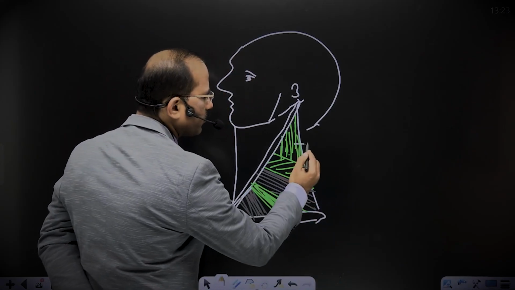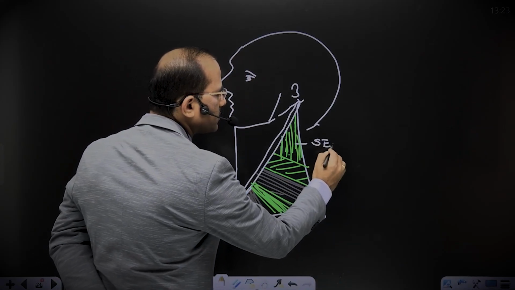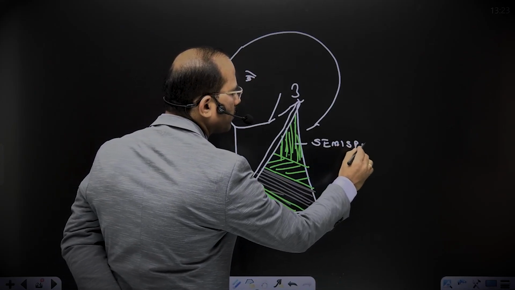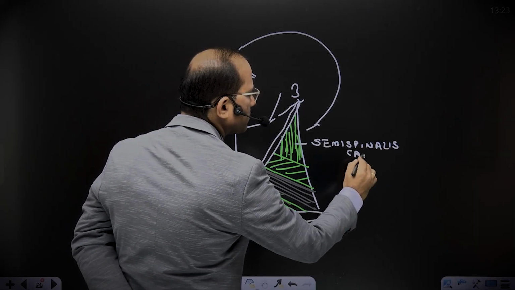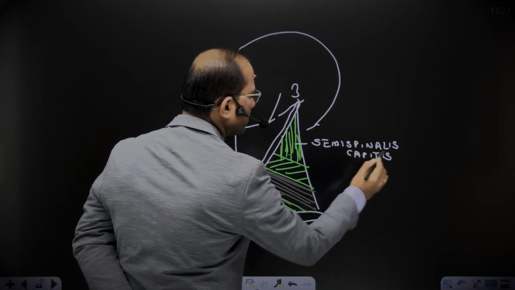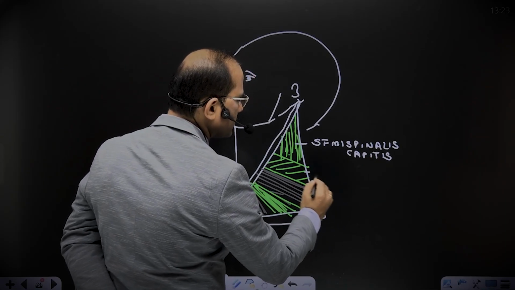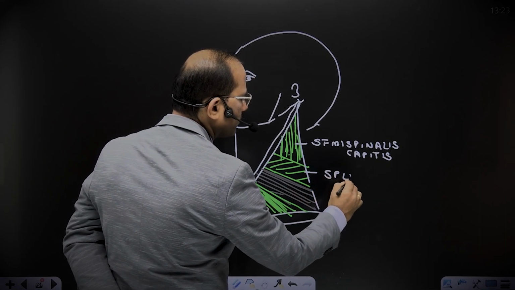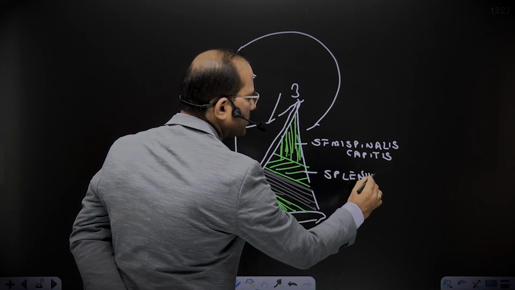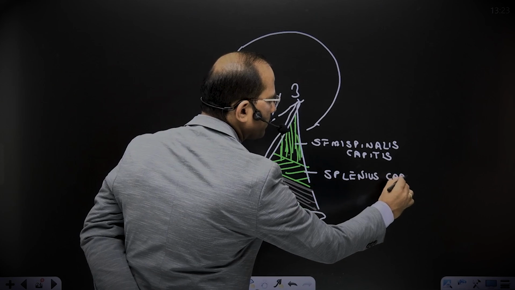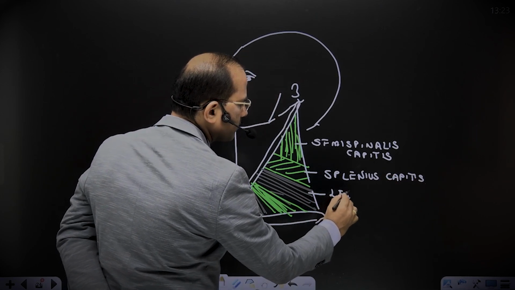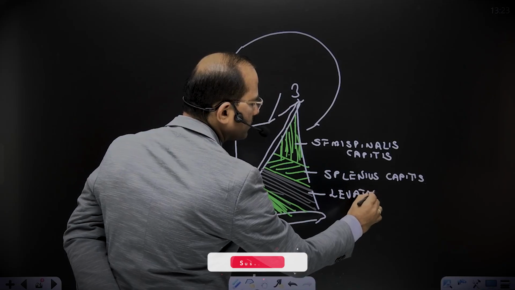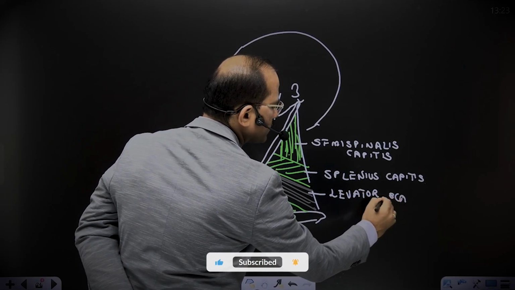Let me just label this for you. This muscle is semispinalis capitis. The second muscle is splenius capitis. The third muscle is levator scapulae.